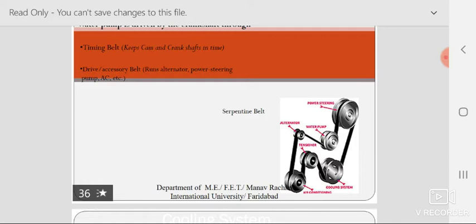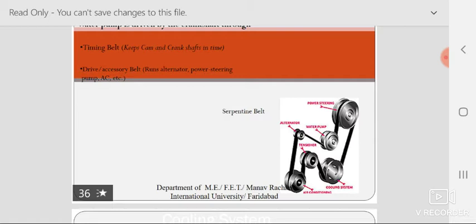From water pump it comes to alternator. That's an electrical part. That is also to be rotated for charge generation. We don't have much concern about the alternator. Then it comes to air conditioning. Air conditioning, what is the rotary part? It is the compressor. So this is rotating the compressor of the air conditioning.